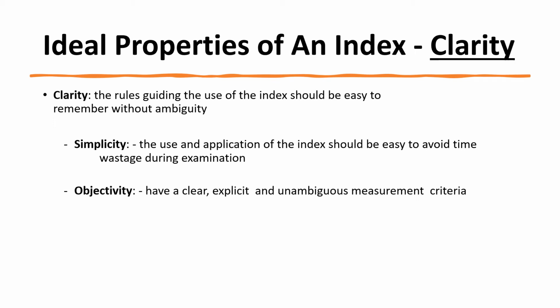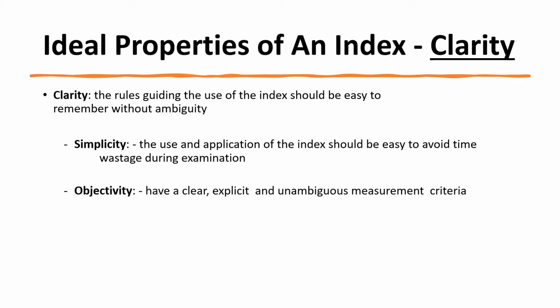Objectivity. The index should have clear, explicit, and unambiguous measurement criteria. Just like I've said before, if it's an instrument that is scaled, the scales should be straightforward, not ambiguous, no confusion. If the scale is measured in every 0.5 millimeter, you should be able to see that the scale is 0.5 millimeter, say 0 at the baseline, 0.5, 1, 1.5, 2, 2.5.